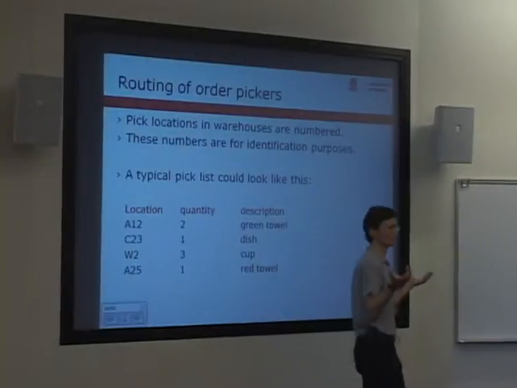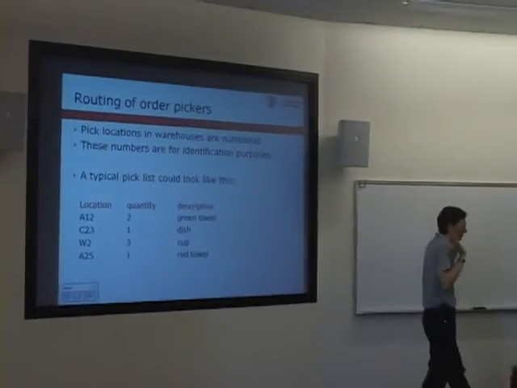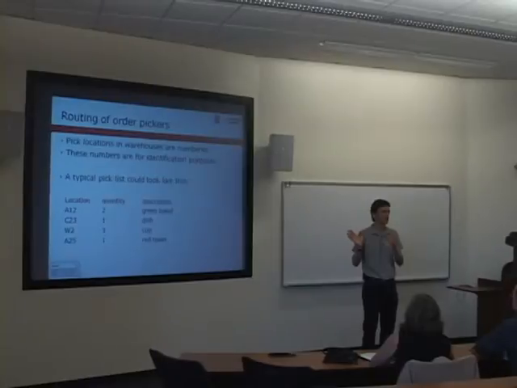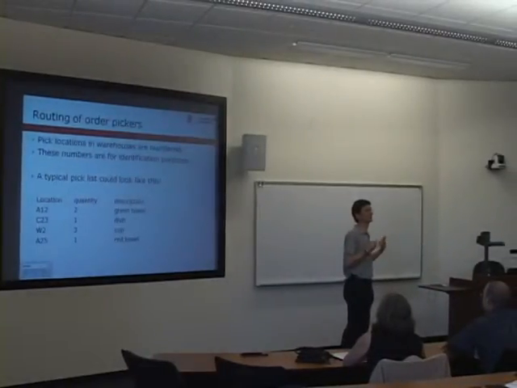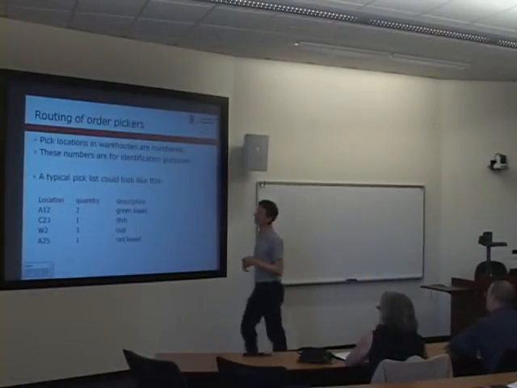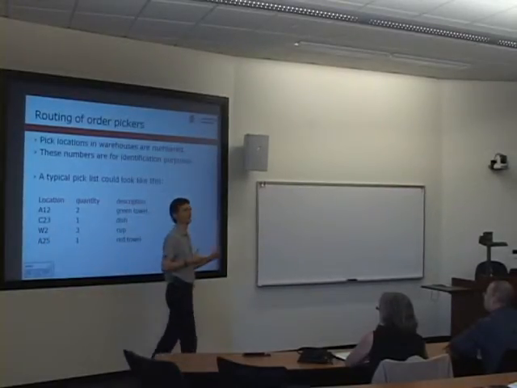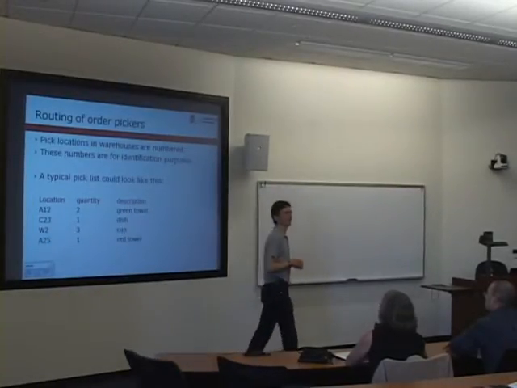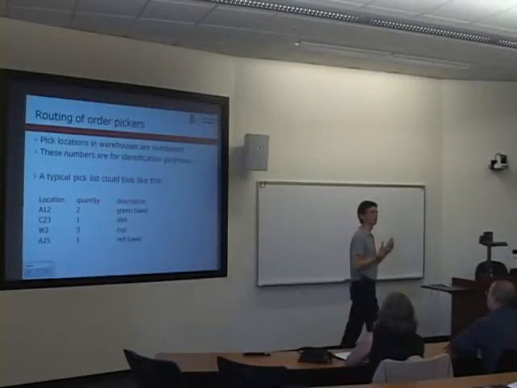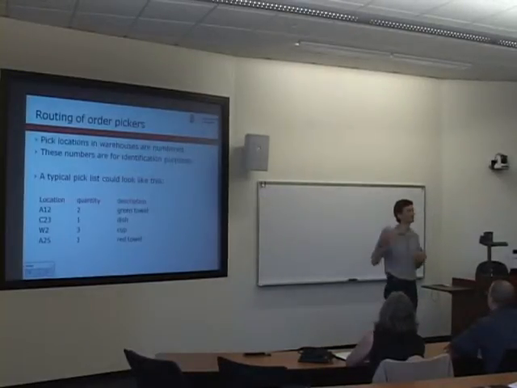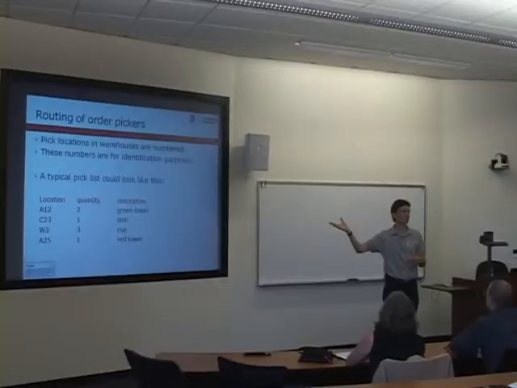Well, if he's a new guy on the block, then he will probably just do what's on the list. But if he has done this for a while, he'll say, okay, I'm pretty close to A25. Let's get that one right now because I'm nearby anyway. Thus upsetting your optimization algorithm, which would actually, this might be shorter, right?